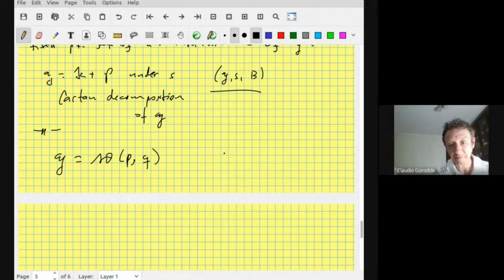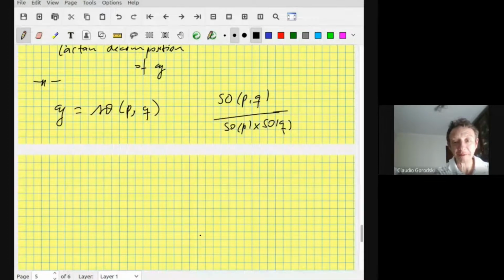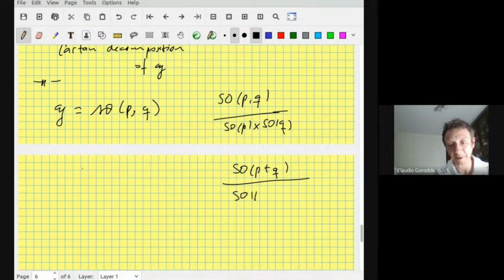Well, the associated symmetric space is this indefinite Grassmannian. And the Cartan dual is this compact Grassmannian manifold.